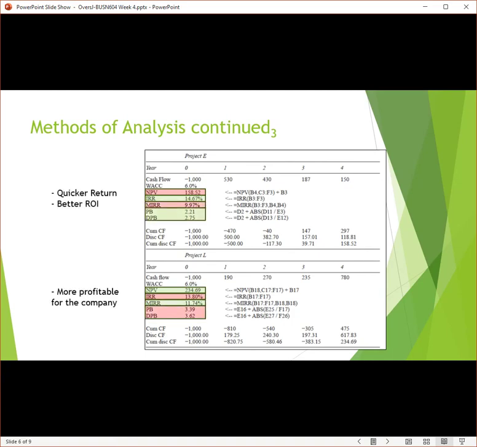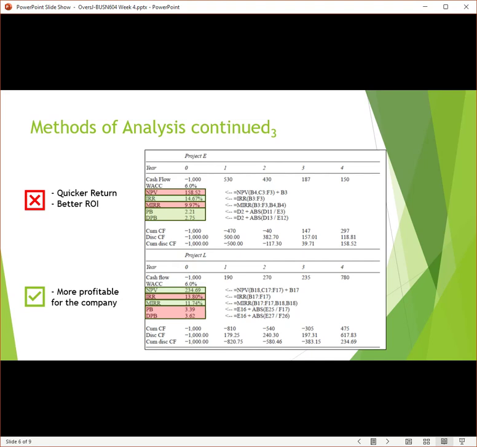And effectively, Project E has a quicker rate of return and a better ROI if all the capital were left in it. Project L, assuming that the profits are redistributed throughout the company, is more profitable overall. So as a financial analyst, depending on what our goals are, I would have to advise that Project L, despite it not having all of the green boxes versus the red boxes, is probably the best move for us. So that's an example of how we're going to look at these things.